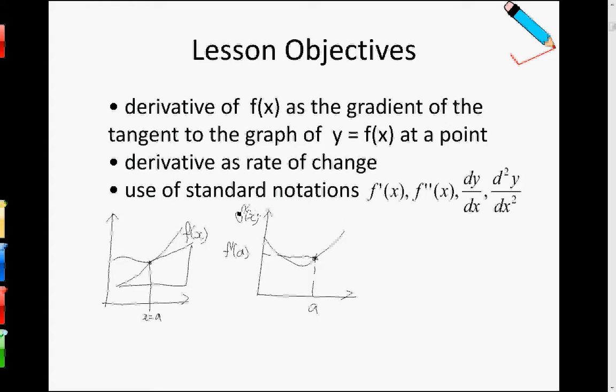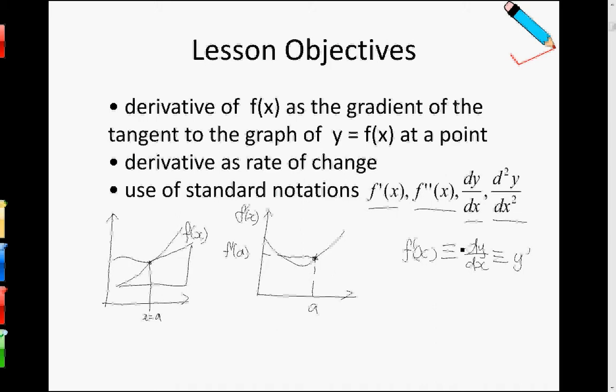The derivative as a rate of change, and using our standard notation such as f prime of x, f double prime of x, dy/dx, d2y/dx squared. So f prime of x is equivalent to saying dy/dx, or we could also say that it is y prime.